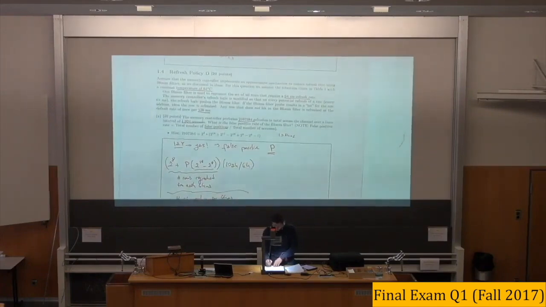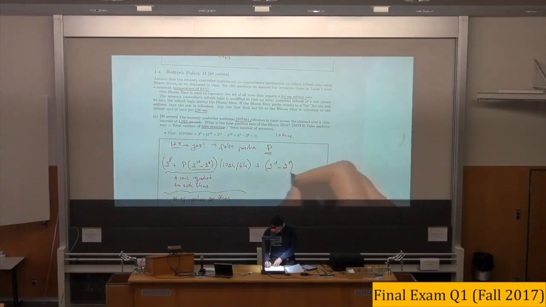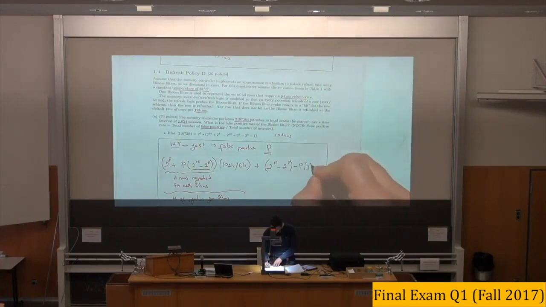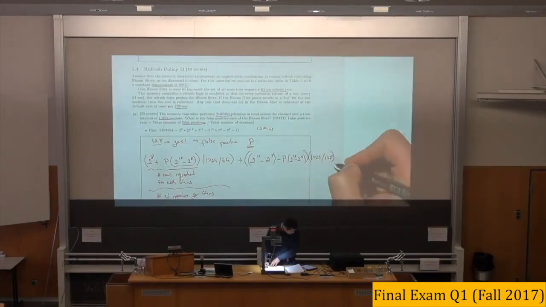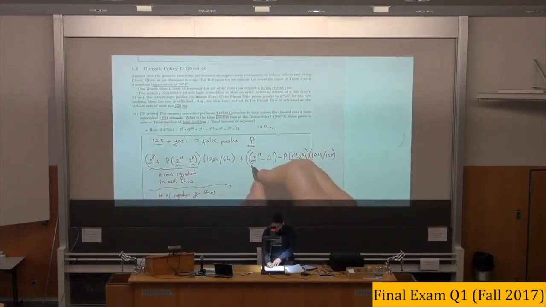Plus, we also have 2 to the 18 minus 2 to the 8, multiplied by, minus, 2 to the 18 minus 2 to the 8, multiplied by P. These are the rest of the rows that should be refreshed in 128 milliseconds minus those that are actually refreshed here.